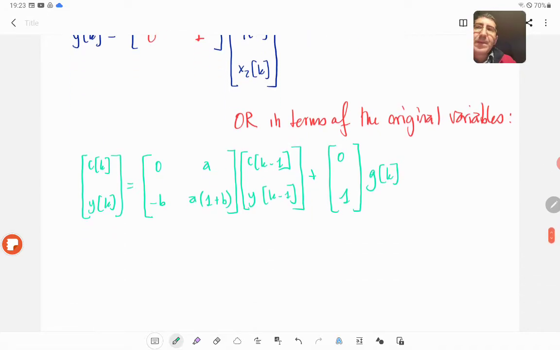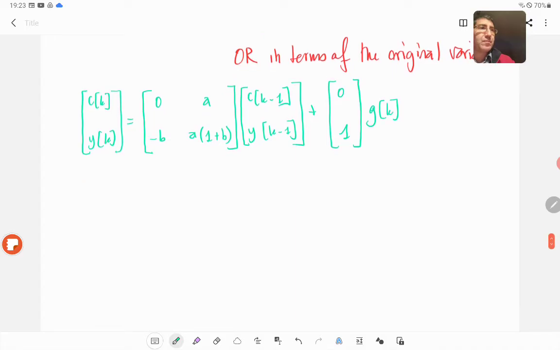Okay. And obviously yk is equal to yk. Okay, so there is no need for any output equations. All right.